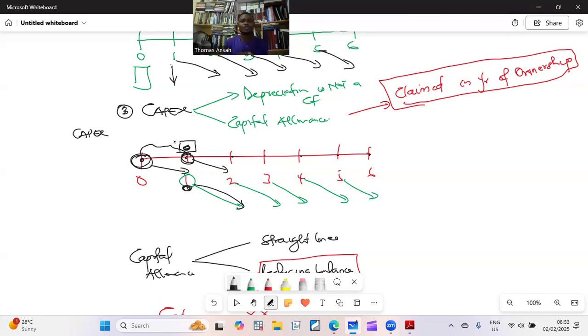So if the question said the asset was bought at the beginning of the accounting year, we have this place, and so we will claim the capital allowance here, but the cash flow of the capital allowance will be here. If it is bought at the end of the year, which means at the end of the previous year, because we are not talking about the end of year one, we are talking about in between 31st and 1st. That is where the capex happens.